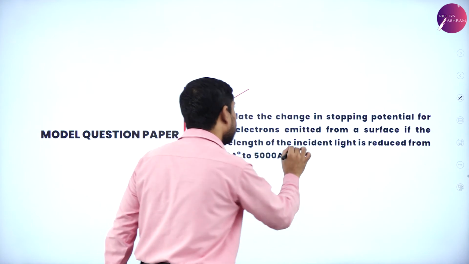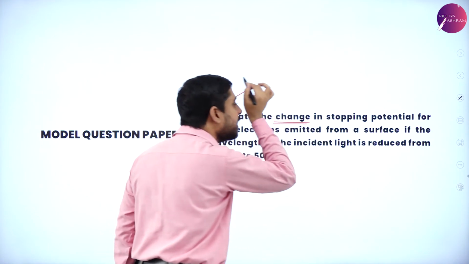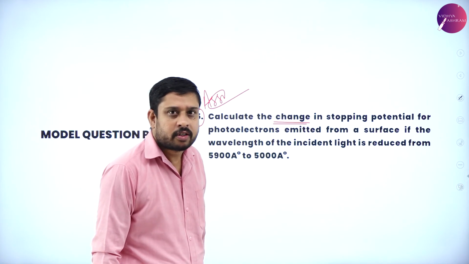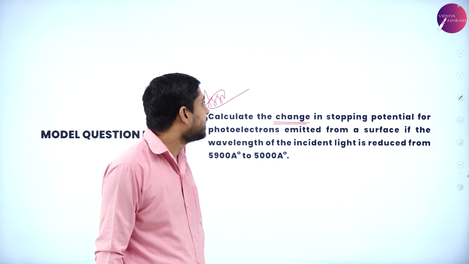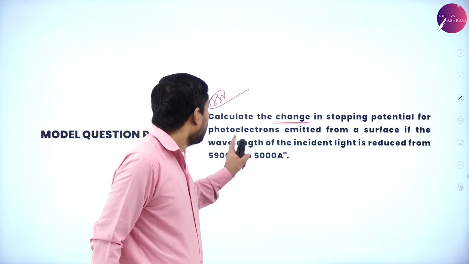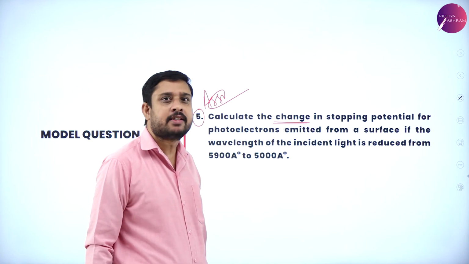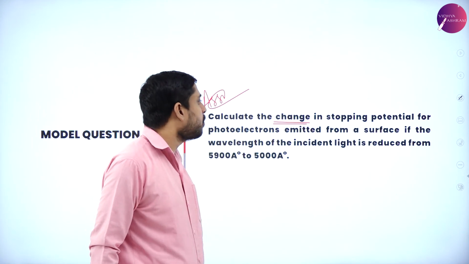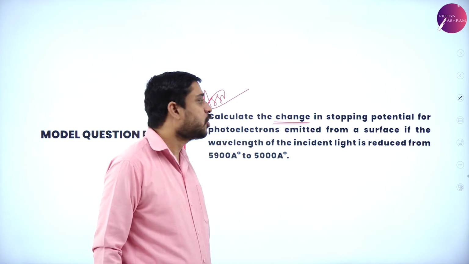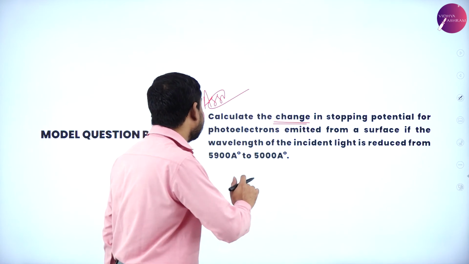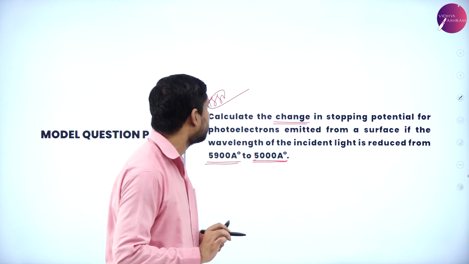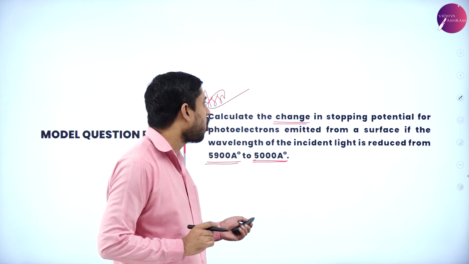Calculate the change in stopping potential, not the stopping potential, for photoelectrons emitted from a surface if the wavelength of incident light is reduced from 5,900 to 5,000 angstrom.